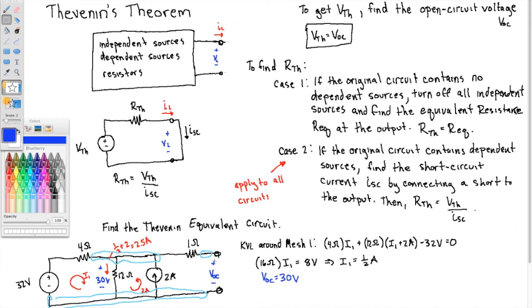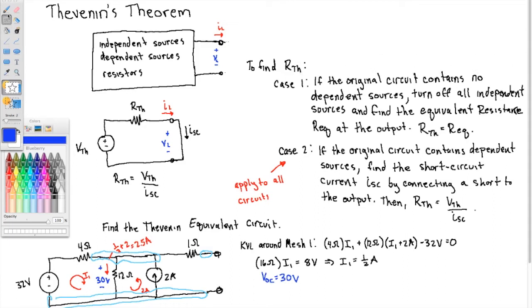So we're going to do that. So this 32 volts, actually I guess I'll redraw it up here. 32 volts, we're going to turn that off so it becomes a short.